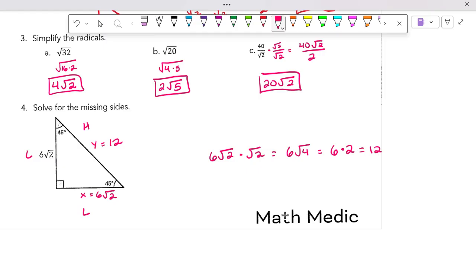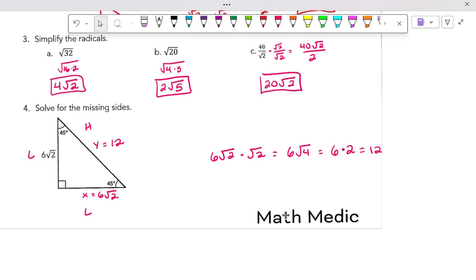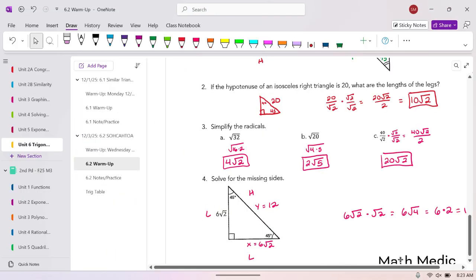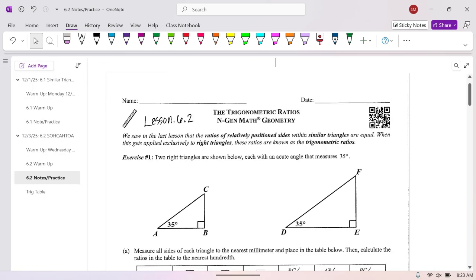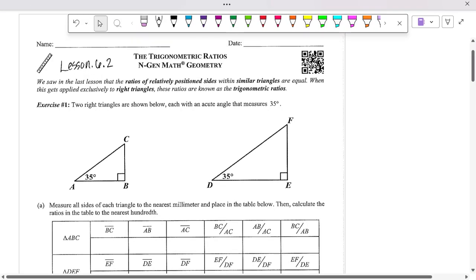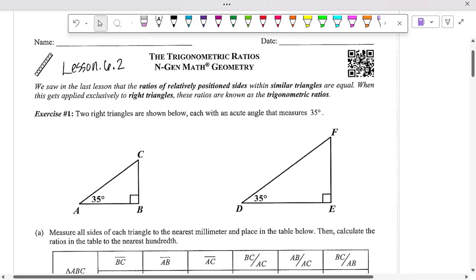Once you do that, take out your packet and turn to page 5. Packet should be out, page 5 of your packet.